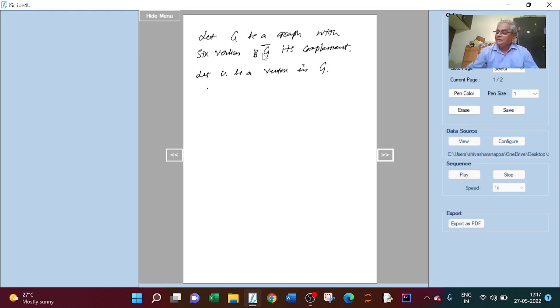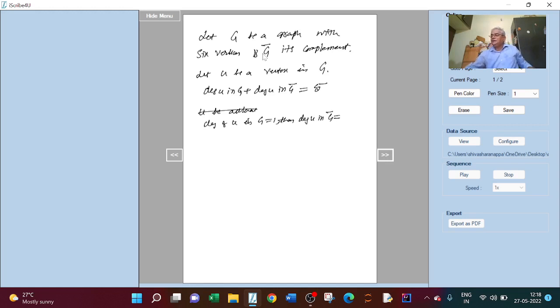So that is, the degree of U in G plus the degree of U in G bar must be equal to 6 minus 1, that is 5. Now if the degree of U in G is equal to 1, then the degree of U in G bar is equal to how much? This plus this is equal to 5.